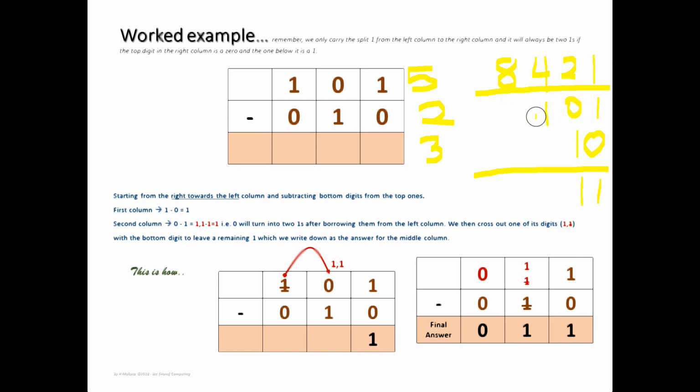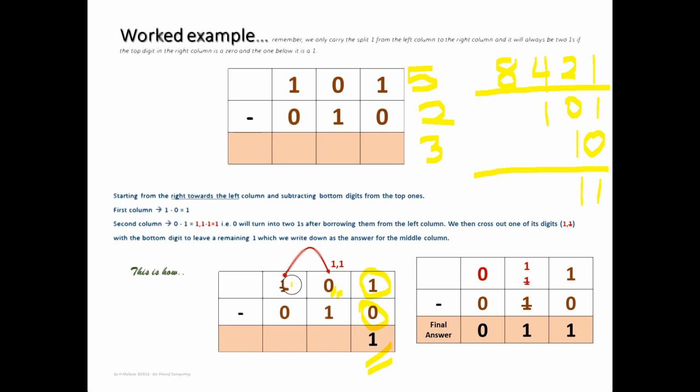So put zeros elsewhere. Anyway, subtracting. So 1 here minus 0 is 1. That's our answer. However, we have a 0 here, minus 1. Obviously 0 is smaller than 1, so we're going to have to borrow from the left column.